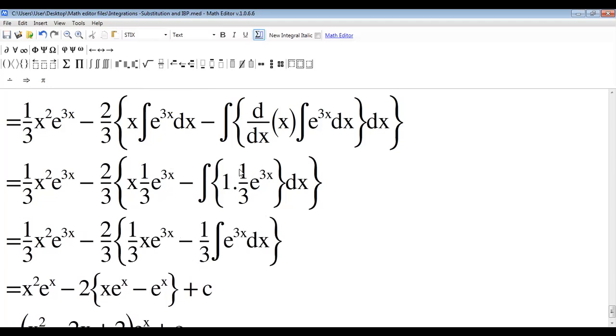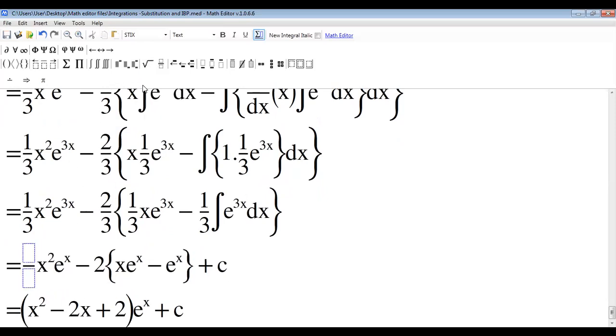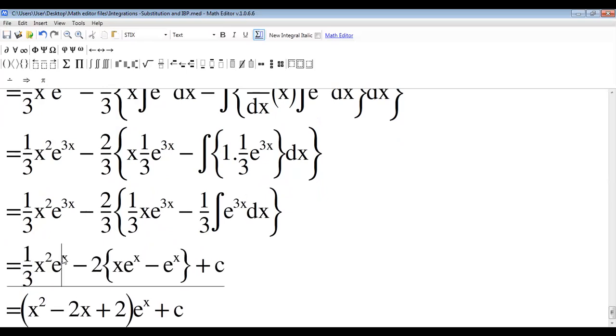We can write this one like this. So we get easily 1 by 3 x square e to the power thrice x.